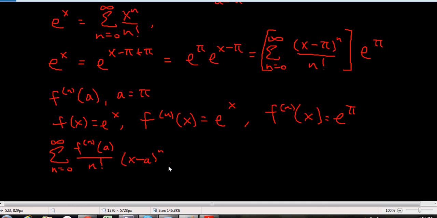So this would give me the sum of n equals 0 to infinity of e to the pi over n factorial times x minus pi to the n. And what do we know? It's e to the pi times the exact same thing. So this is actually equal.